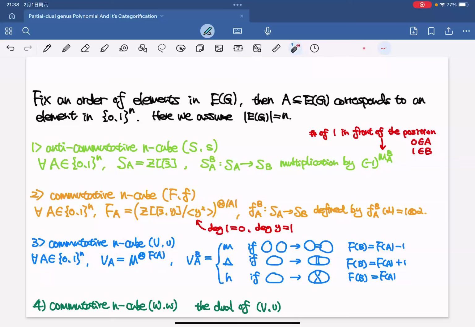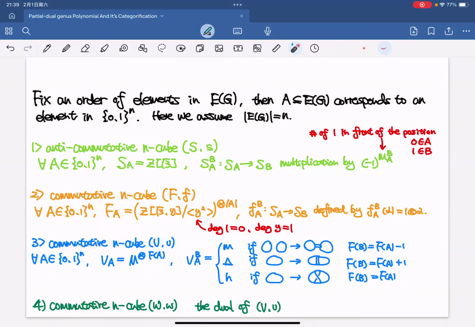I don't want to go into the details of these definitions, but I just want to tell you the effect of them. The first n-cube is used to make the tensor product of the 4 cubes anti-commutative, because this one is an anti-commutative n-cube, and the 3 other n-cubes are all commutative.